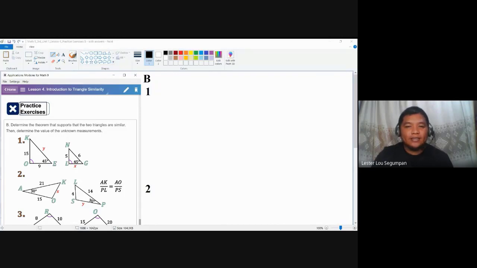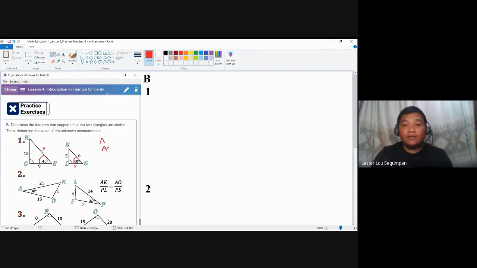And what else? Looking at the figures further, we have this angle here, which measures 45 degrees. It is also the same as the measurement of the angle here. In this case, we already have a pair of angles based on the arcs and another pair based on the measurement. So we have AA already.